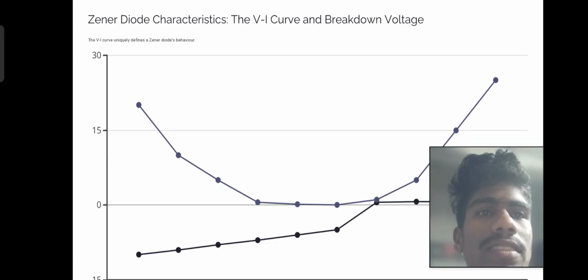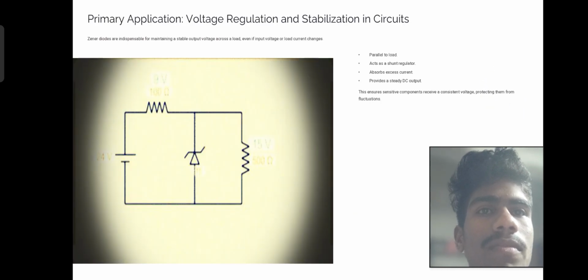Zener diode characteristics: the VI curve and the breakdown voltage. The VI curve uniquely defines Zener diode behavior. Primary applications: voltage regulation and stabilization in circuits.